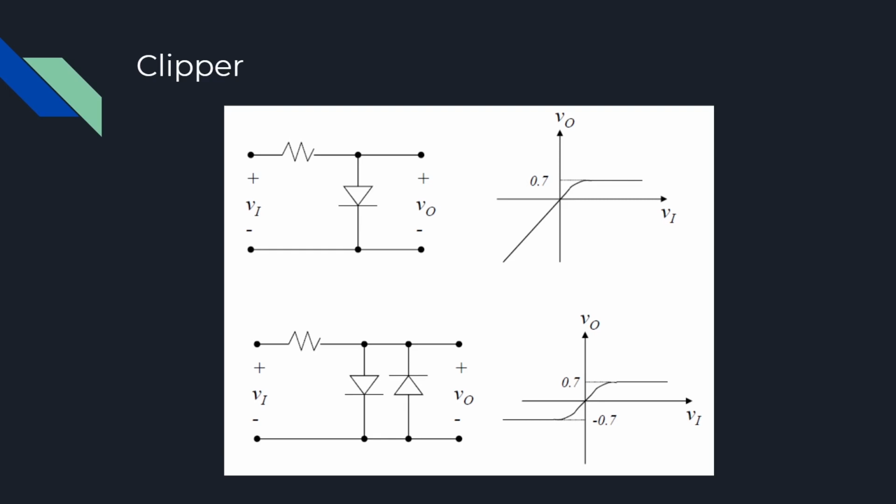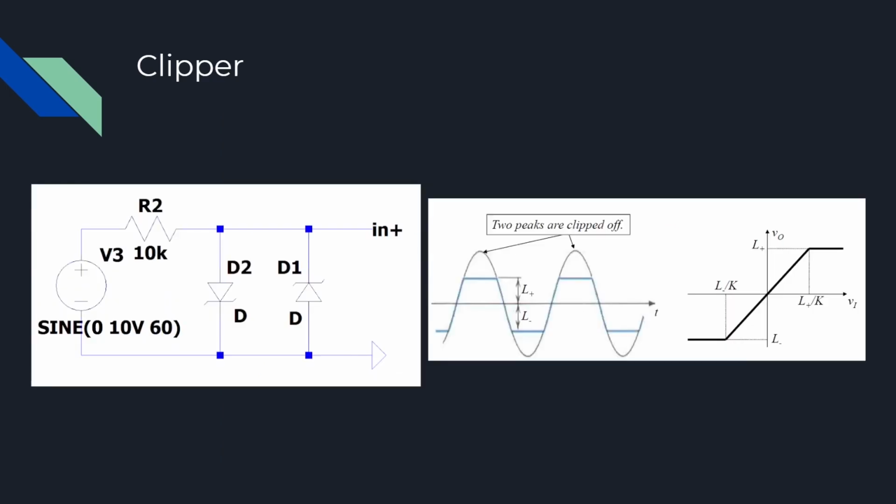In the graph of the waveform, we can see that between minus 0.7 and 0.7 volts, the output voltage equals the input. When the input is higher than 0.7 or lower than minus 0.7 volts, the circuit clamps the voltage. So we can control the output voltage to stay between minus 0.7 and 0.7 volts.